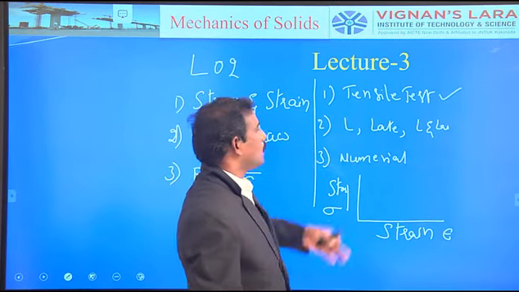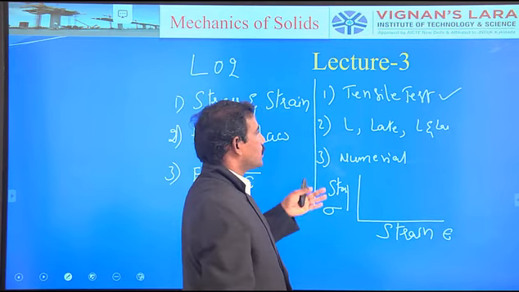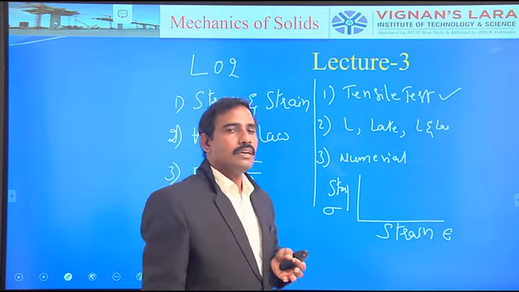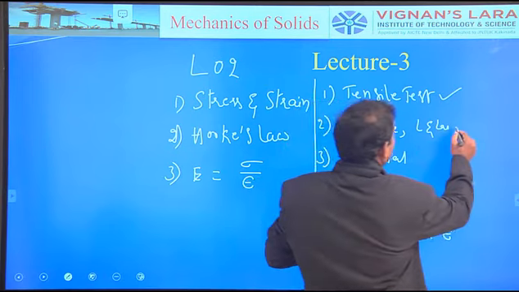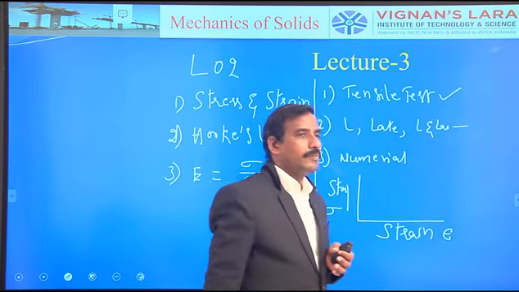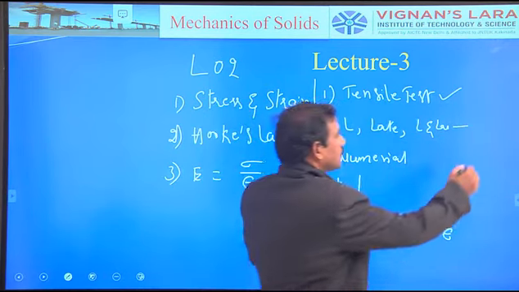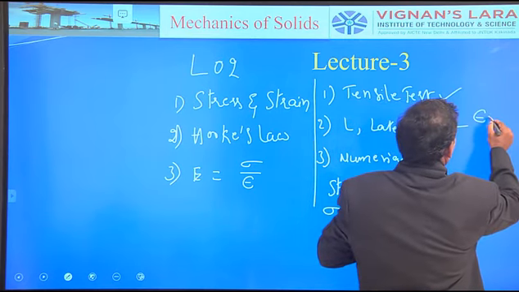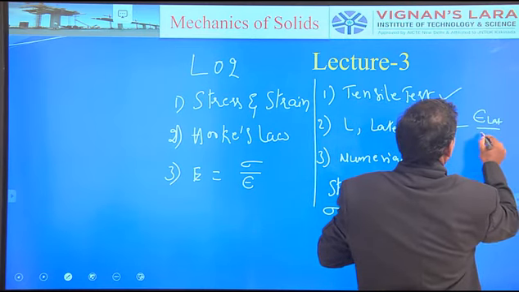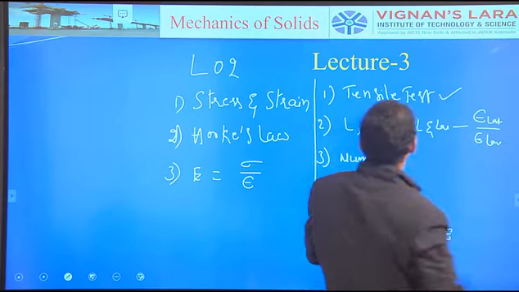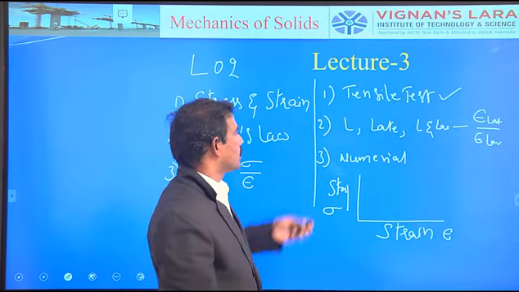Then go for the lateral and longitudinal strains and the relation between them. The ratio of the lateral strain to longitudinal strain is called Poisson's ratio. Then go for the numericals.